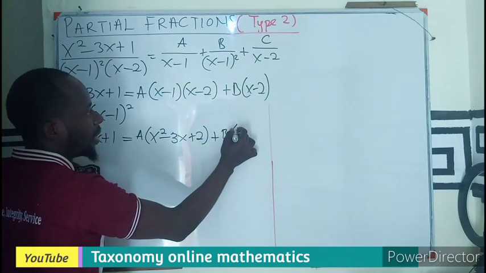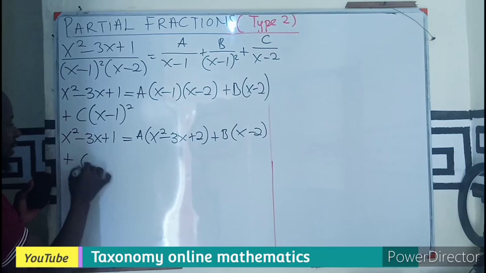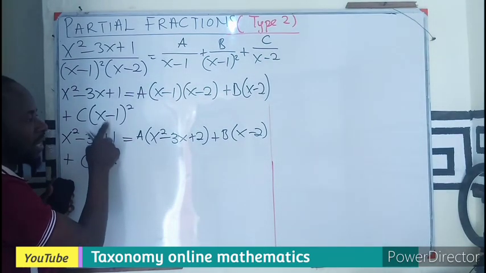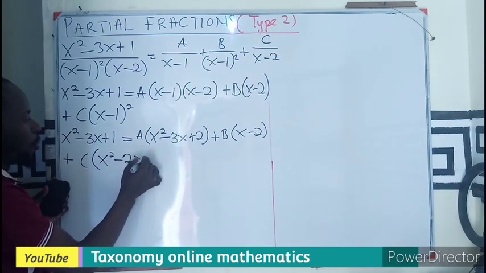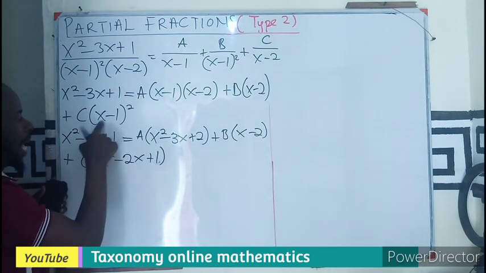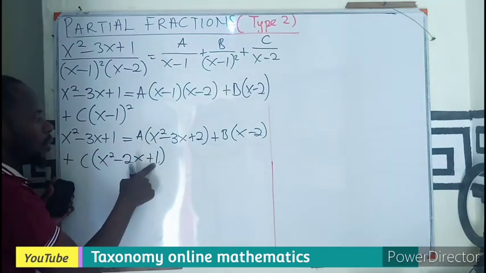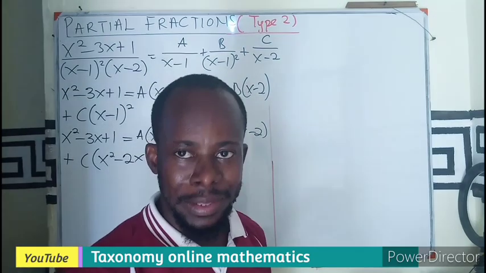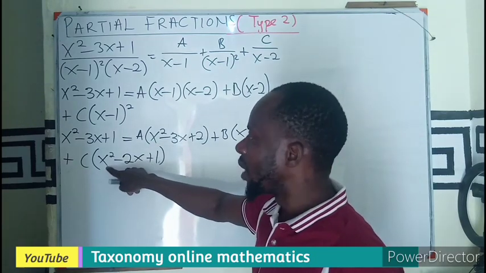This will remain, then b times x minus 2. Then plus c into bracket x minus 1 all squared. This is a binomial multiplication of itself. So it will be square the first, twice their product, square the last. So 2 times x times 1 will be 2x. 1 square will still be 1.